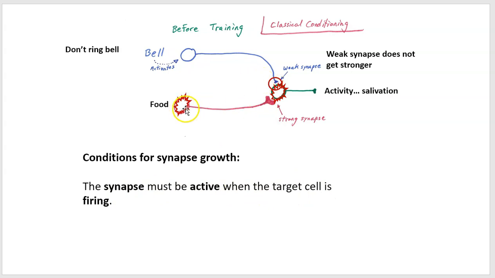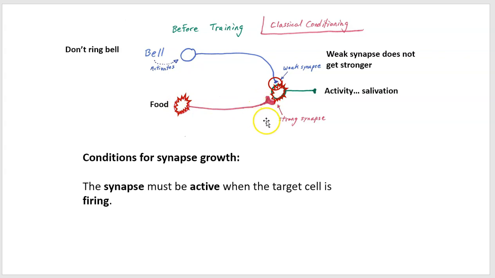This kind of makes sense. If you just presented the animal with food and all of these other synapses got strengthened automatically, then the dog would just automatically associate any bell with food. If you just presented it with food, it would automatically salivate to the bell. That's not how brains work.